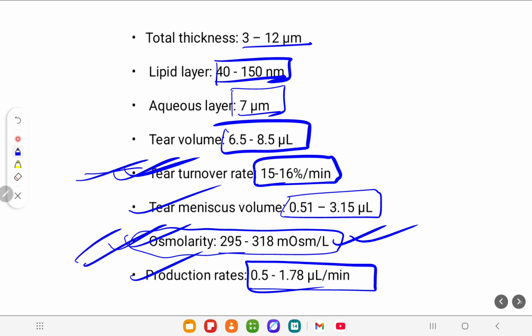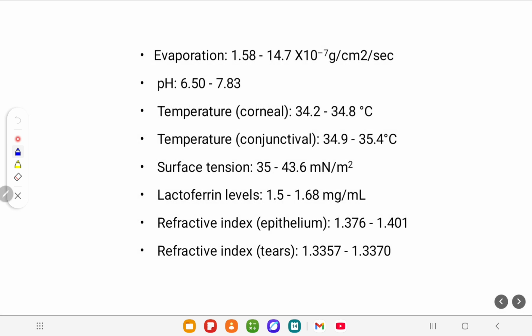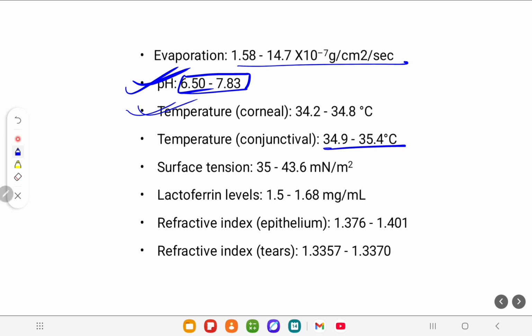Okay, and this is the evaporation rate. pH, yes, definitely you have to understand pH, it's commonly asked in MCQ. Temperature, yes, cornea and conjunctiva differ slightly. The conjunctiva is slightly warmer because there are blood vessels. Where there are blood vessels, temperature is definitely slightly higher. So the tear temperature over the cornea is slightly cooler.